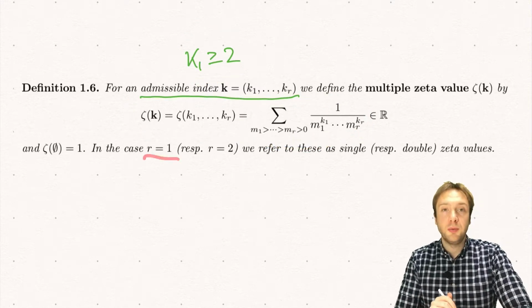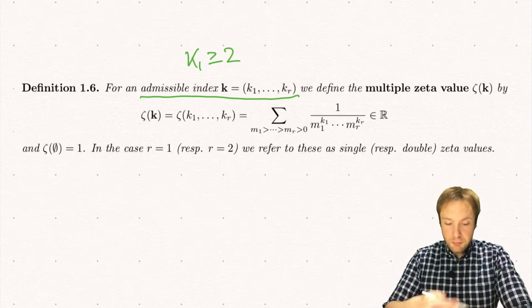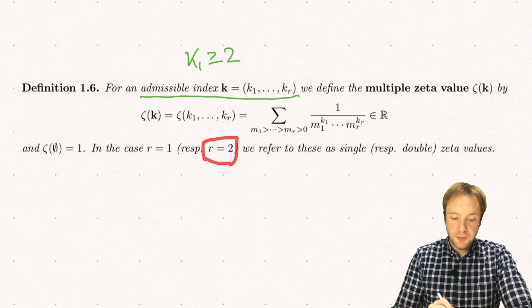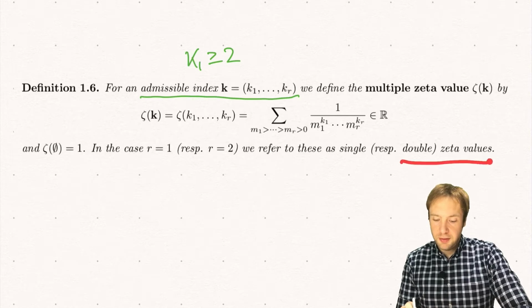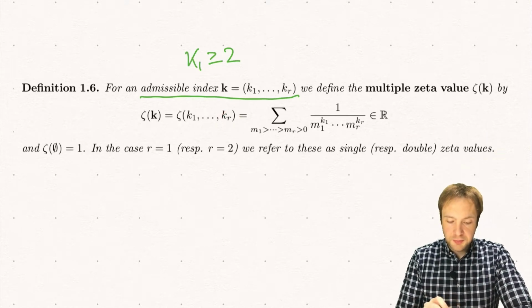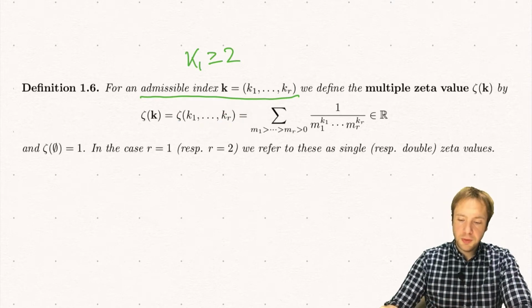And in the case r equals 1, this was just the Riemann zeta function evaluated at an integer. And for the case r equals 2, we denote these numbers by double zeta values. And this r is the depth, and the sum of these k's is called the weight.